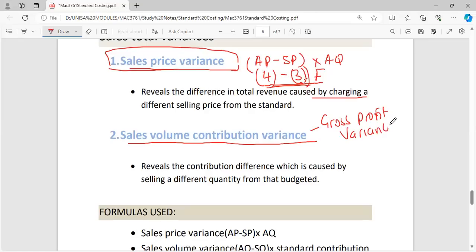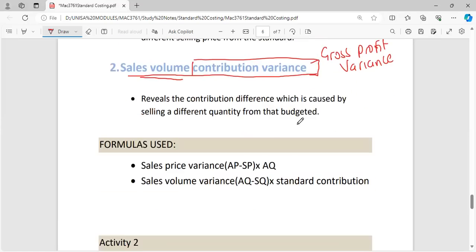If it is a sales variance, when we do the sales volume, we are now going to compare based on the contribution. So the sales volume variance is going to be multiplied by the standard contribution. You can see it here on this formula.